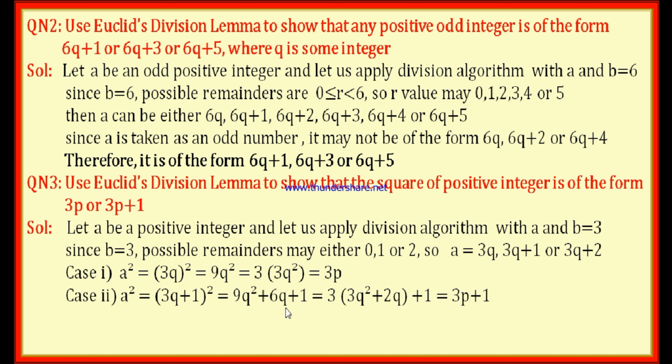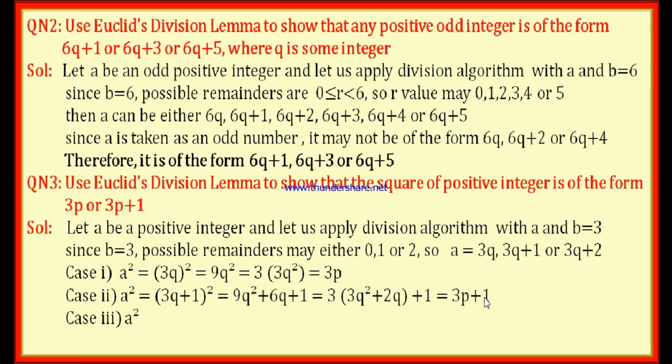Now from the first two terms you can take 3 common, that is 3 times 3q square, plus 3 times 2q, plus 1 is separate. Now if we assume that 3q square plus 2q is p, then this is in the form of 3 into p plus 1, 3p plus 1.